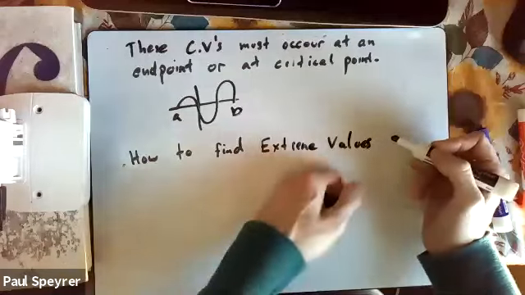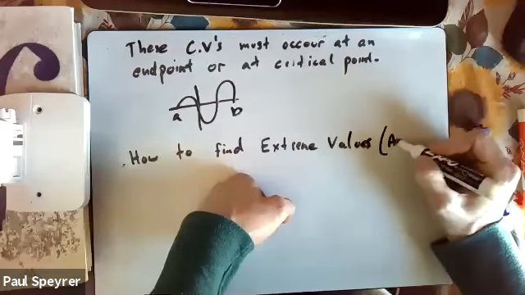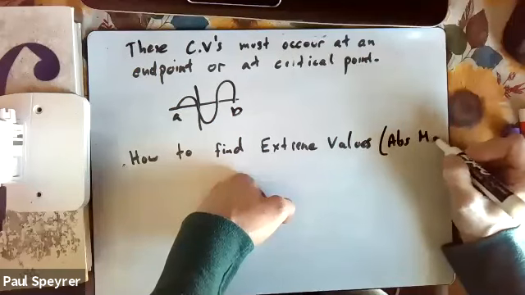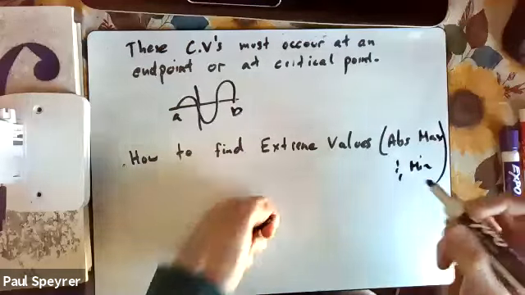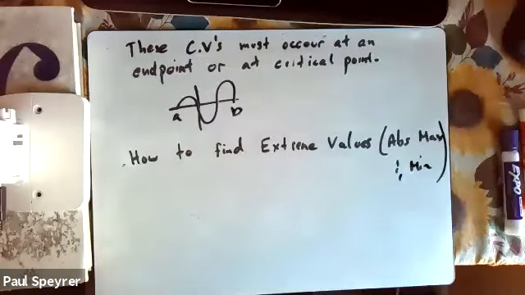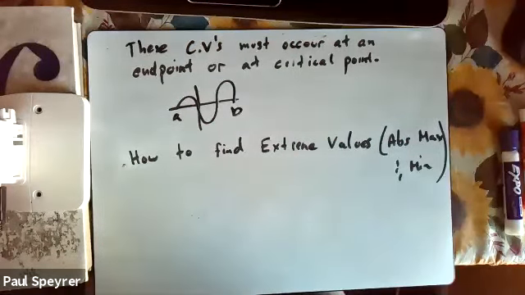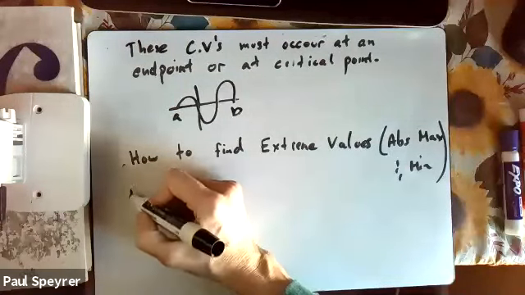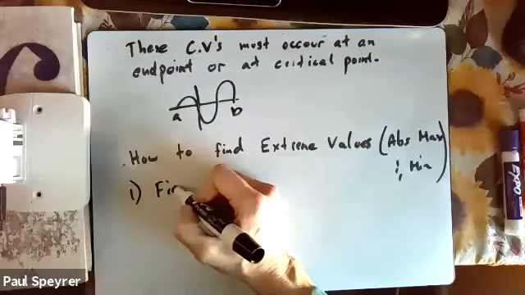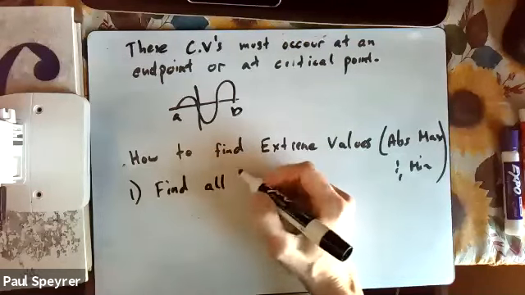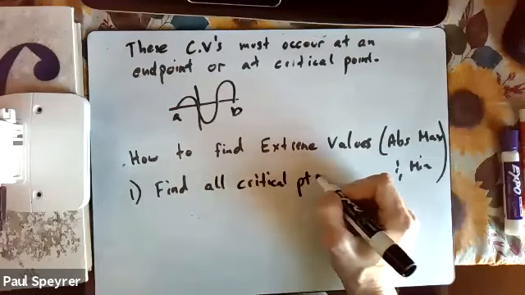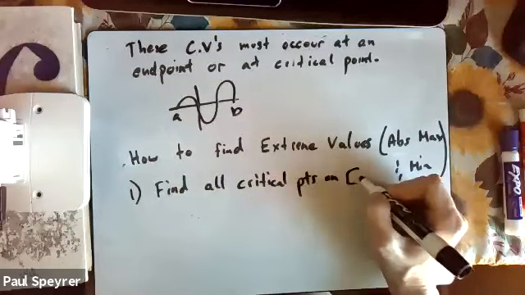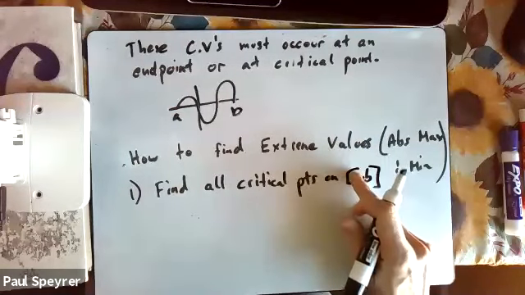So when we say extreme values, we're talking about, again, absolute max and min. Well, the first thing we want to do is find all critical points on AB, or within that domain AB.